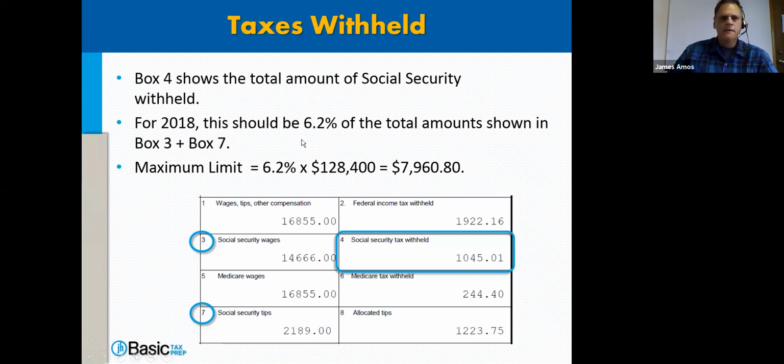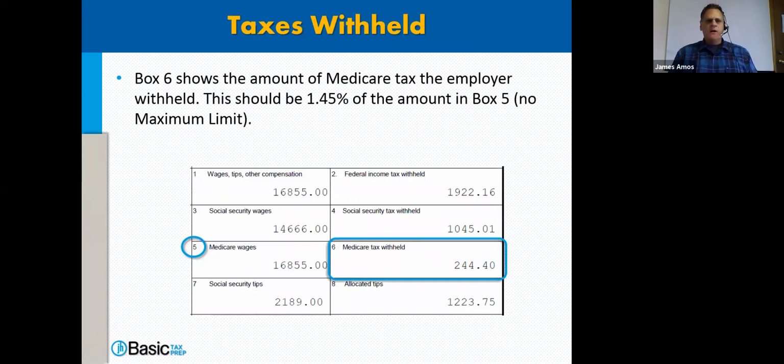Okay? Now let's talk about Medicare wages. Box 6 shows the amount of Medicare tax that the employer's withholding. That is exactly 1.45% of the amount in box 5. So let's do the math again, everybody, just prove it to ourselves.